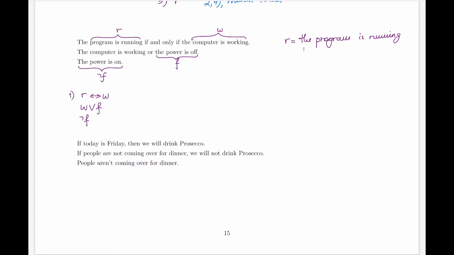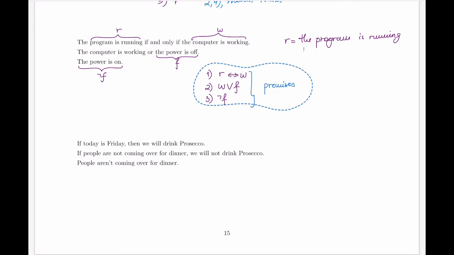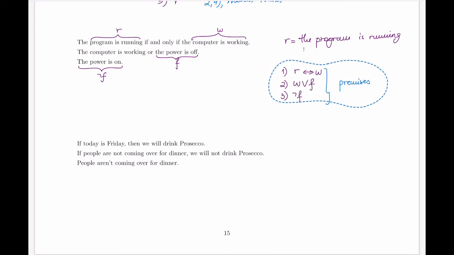Okay, so maybe I'm going to label these right here as my premises. And I'm going to see what kinds of conclusions I can draw from these. So again, thinking of the rules of inference, what are the potential rules I can apply here? Maybe let me move all of this over to the side where I have just a little bit more room.